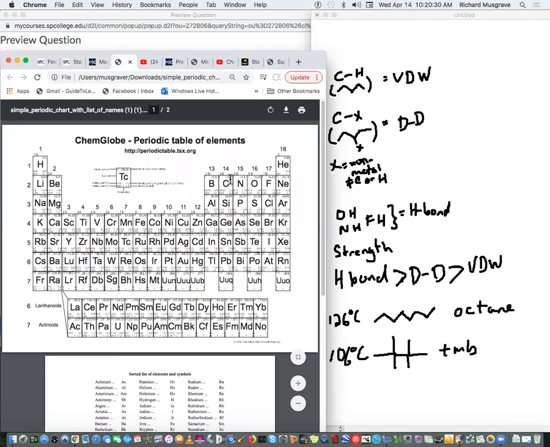So we have group 4 here for carbon, silicon, germanium, tin. Group 5 for nitrogen, phosphorus, arsenic, antimony. Group 6, oxygen, sulfur, selenium, tellurium. And then group 7, fluorine, chlorine, bromine, and iodine.